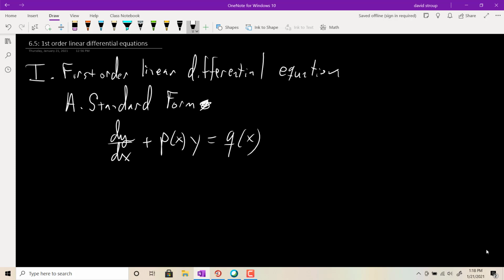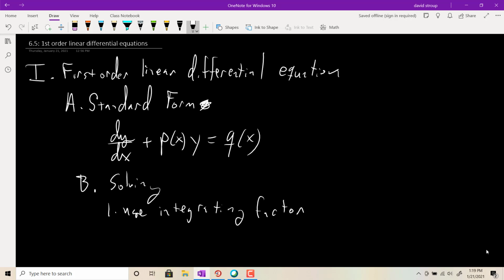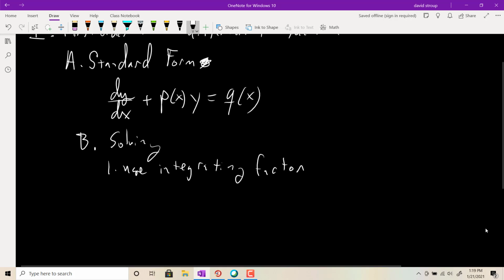Okay? We're going to give you a method for solving this by hand using what's called the integrating factor, which is kind of a clever method for doing this.